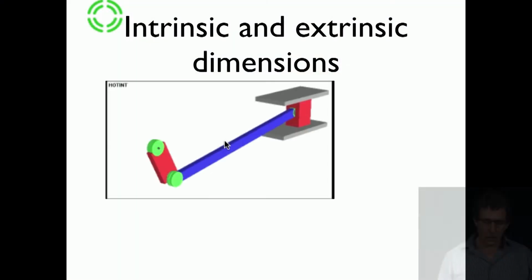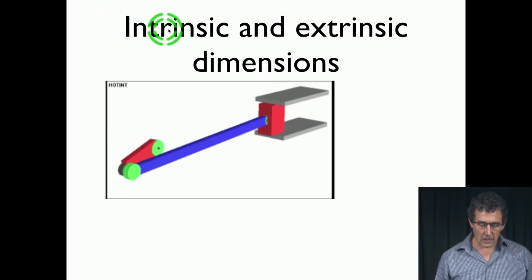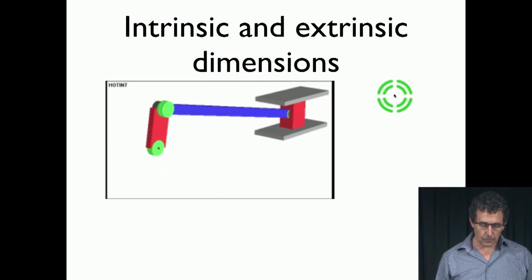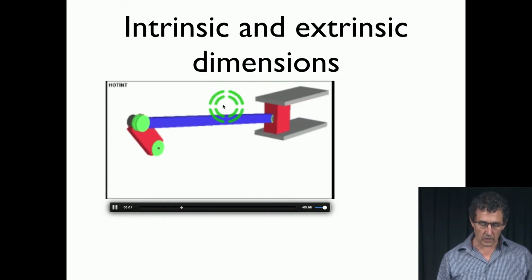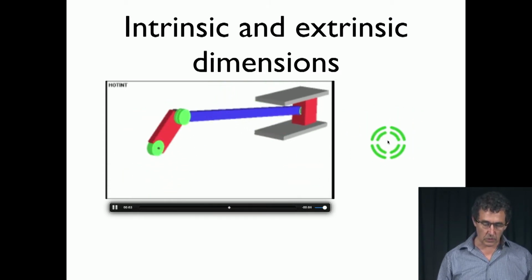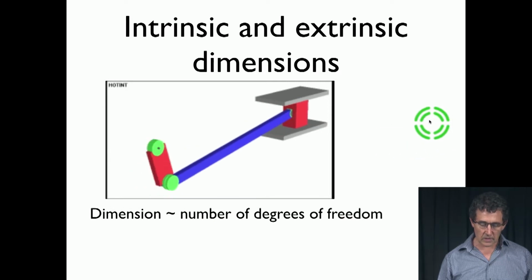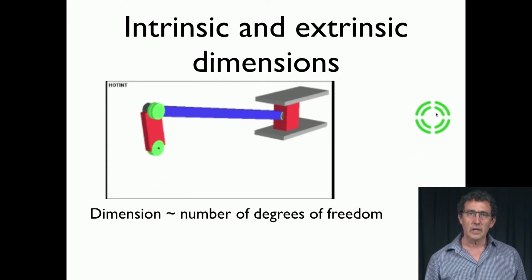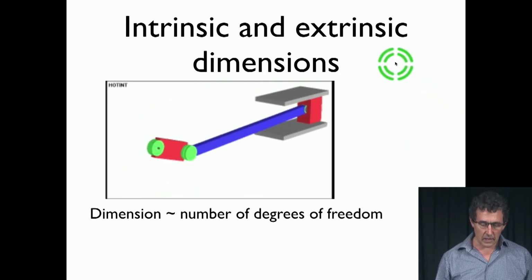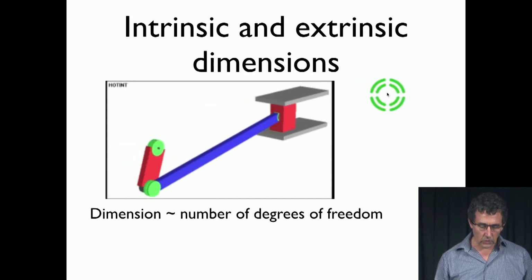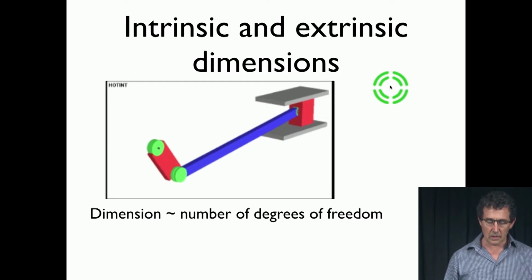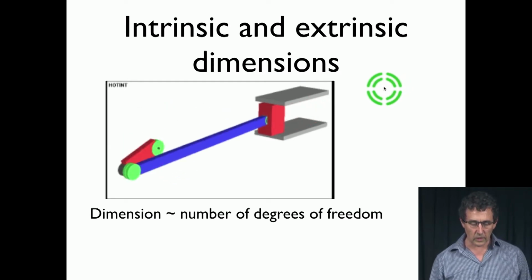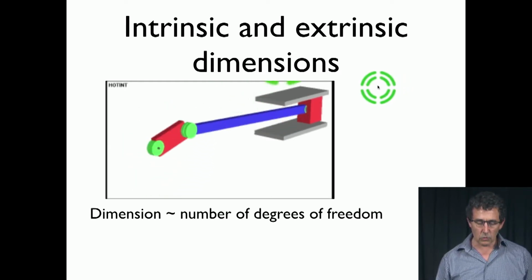The intrinsic dimension is basically a relationship between two dimensions. Dimension is something like degrees of freedom or number of variables. What you have here is a piston that is connected to a rotating rod and is moving in and out.